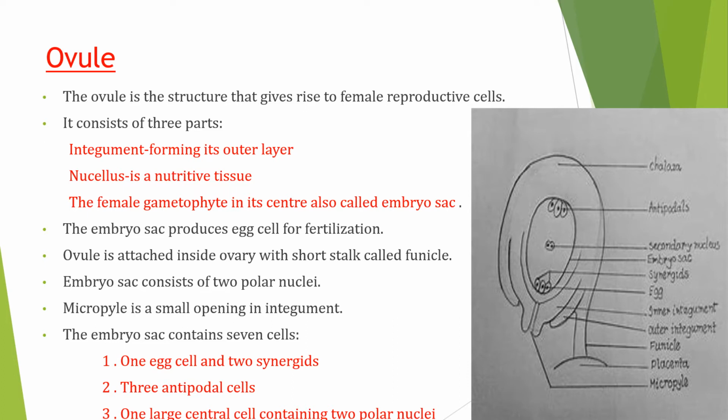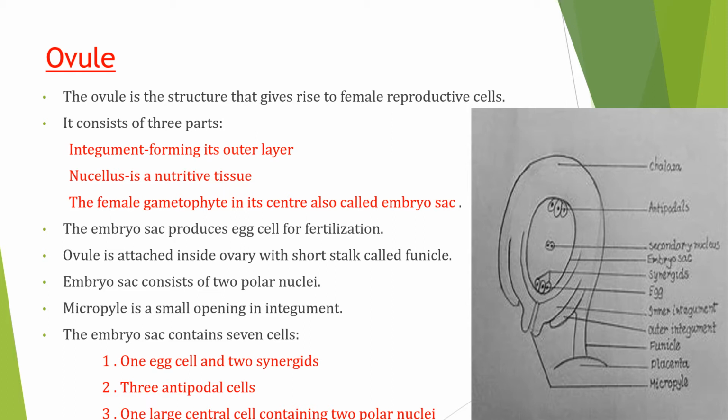Now let's come to the ovule. In flowering plants, the ovule is the structure that gives rise to and contains the female reproductive cell. It basically consists of three parts: the outer integument, the inner integument and the nucellus. The outer integument forms the outer layer.